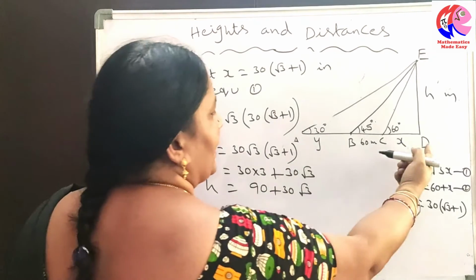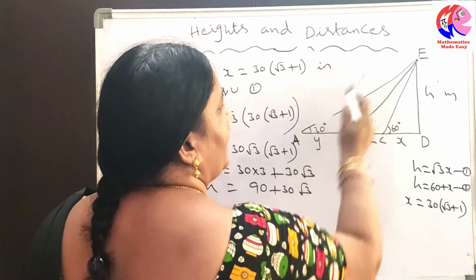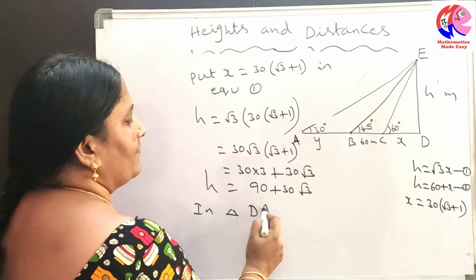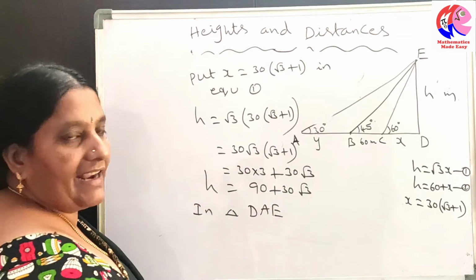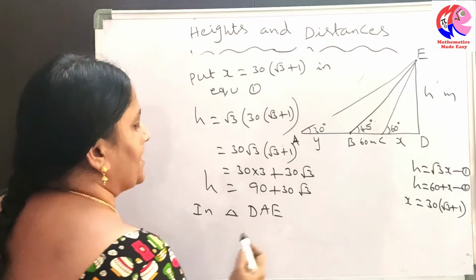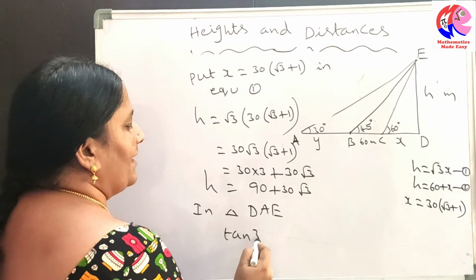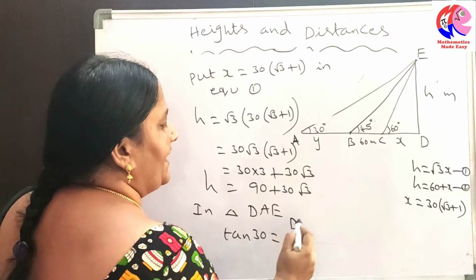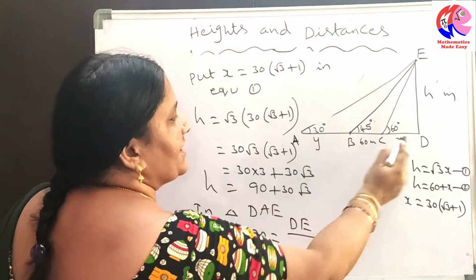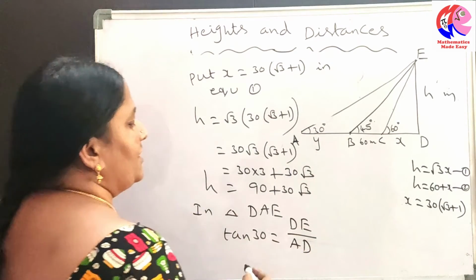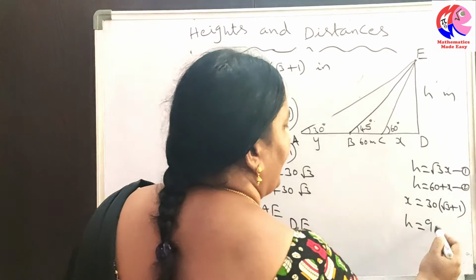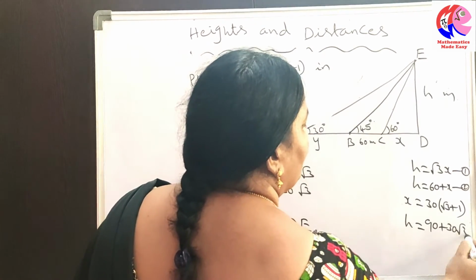And next, consider the triangle DAE. In triangle DAE, tan 30 degrees equals opposite side DE by adjacent side AD. So the h value we found is 90 plus 30 root 3.